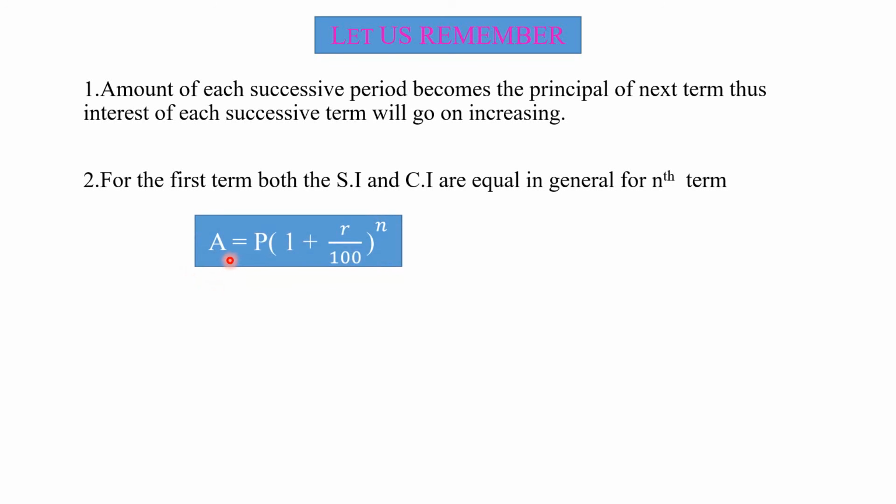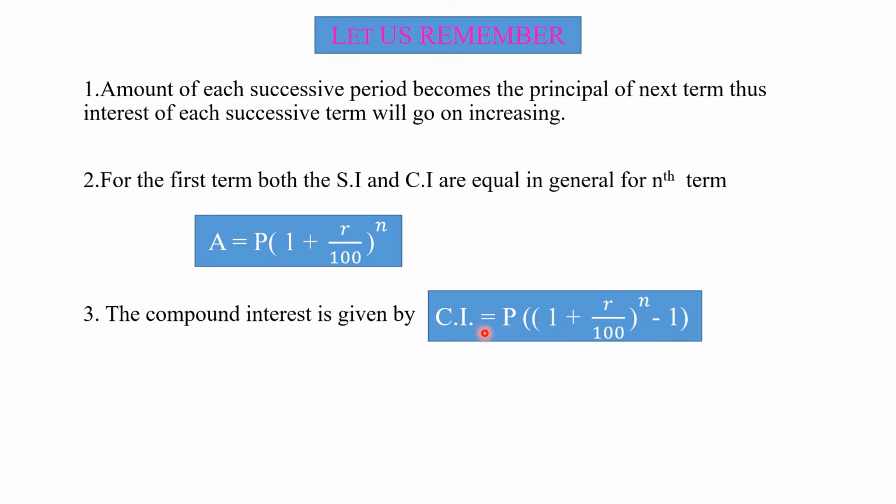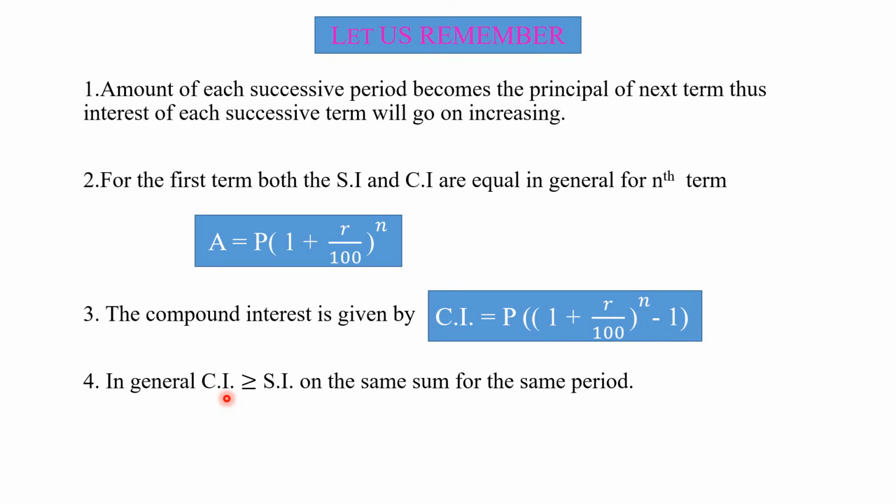And this formula is A is equal to P in bracket 1 plus R divided by 100 bracket raised to n. The compound interest is given by the formula: compound interest is equal to P in bracket 1 plus R divided by 100 bracket raised to n minus 1. In general, compound interest is greater than or equal to simple interest on the same sum for the same period.